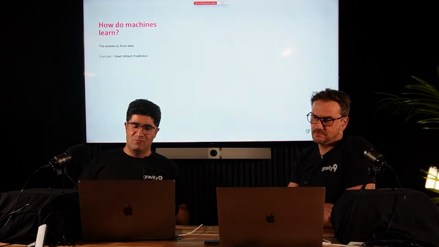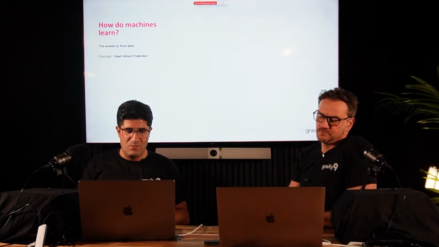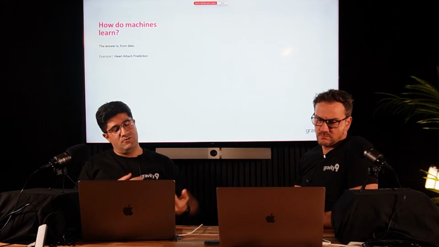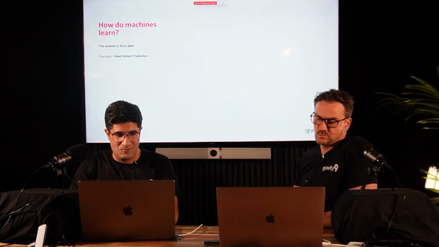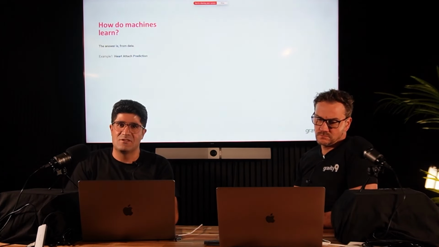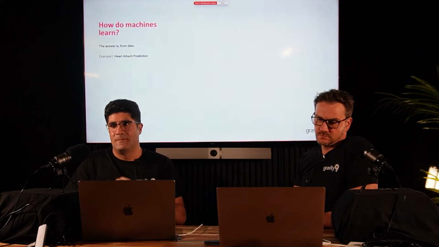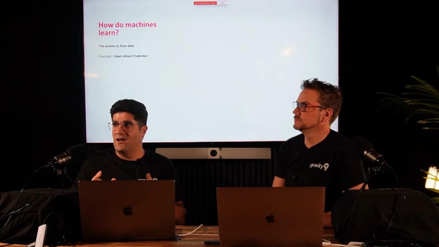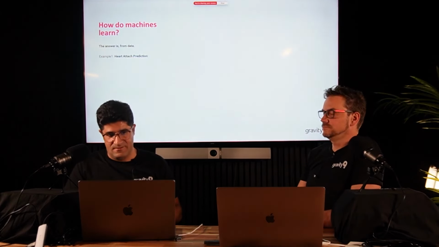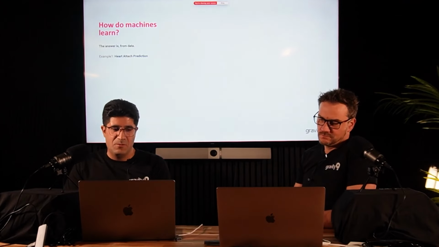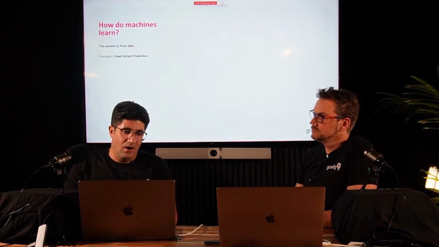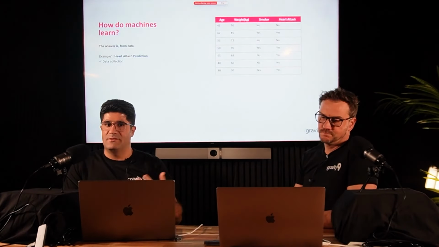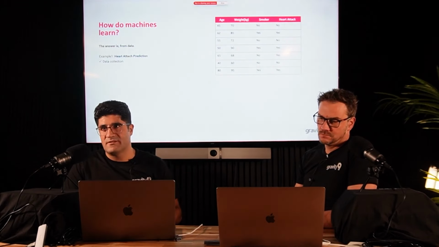So how can a machine learn? This is the main question. If you look at the traditional way of learning, in fact, we need data. The basis of AI and all those concepts is data. For example, if you want to predict a heart attack, at the beginning we need to collect some data.